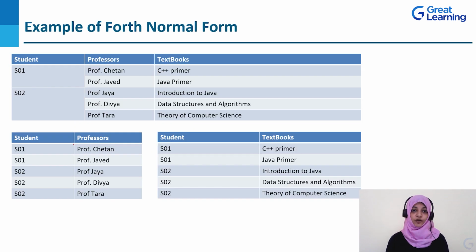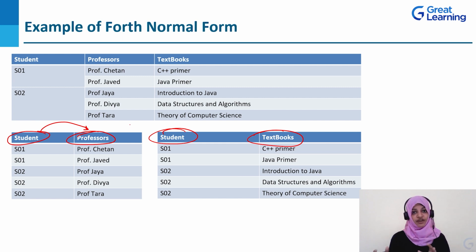So this is what it looks like. As we know, student was related to professor and student was also related to the textbook. So we split up our entity in such a manner that those attributes which were either defining or dependent upon each other would be clubbed together into one.